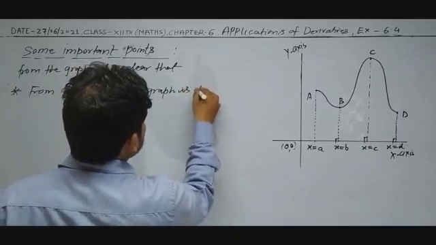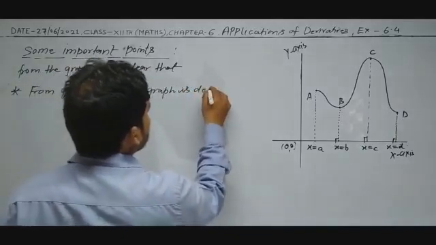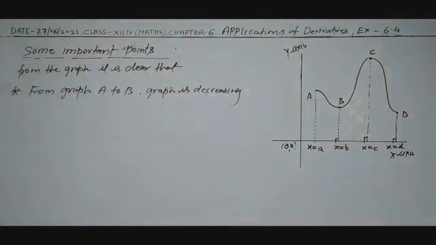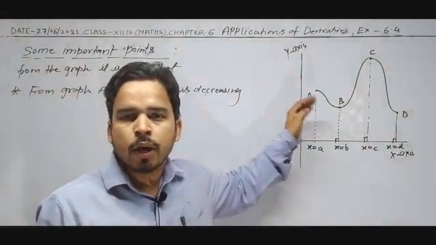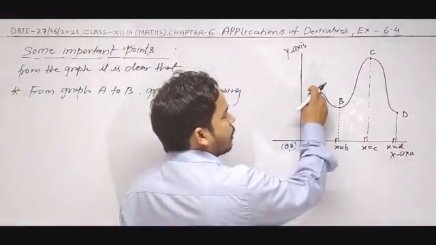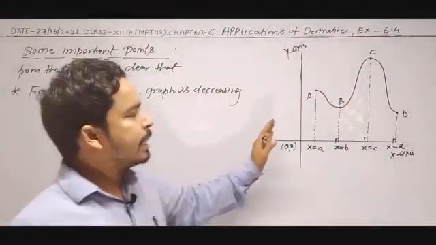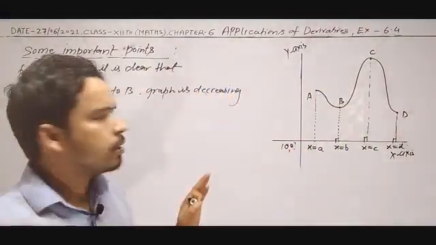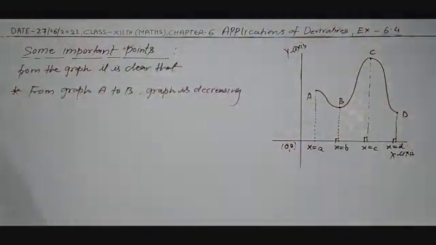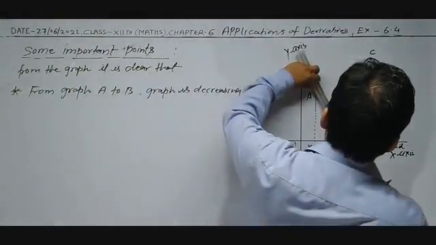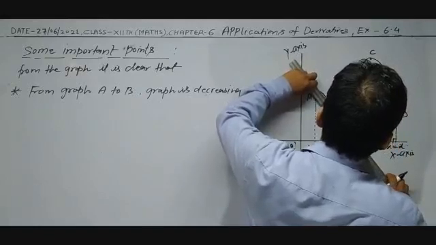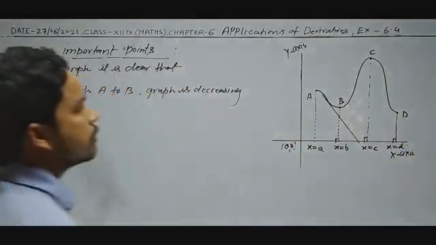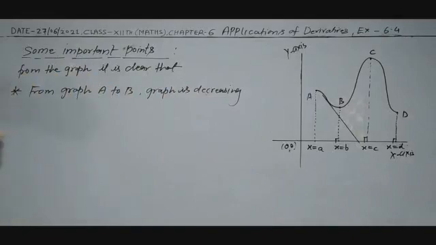When you draw the tangents lying between A to B, at any point, suppose I draw the tangent at this point, this is the tangent I have drawn.